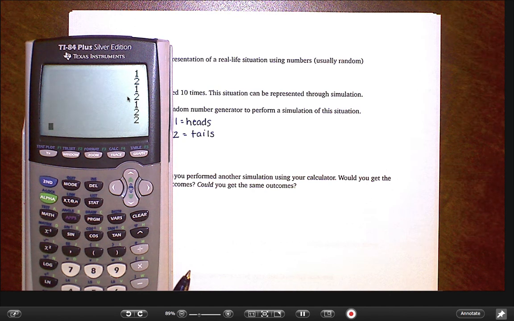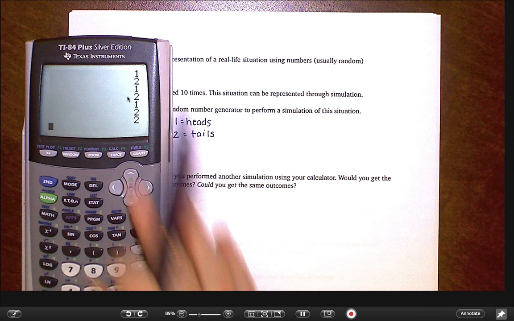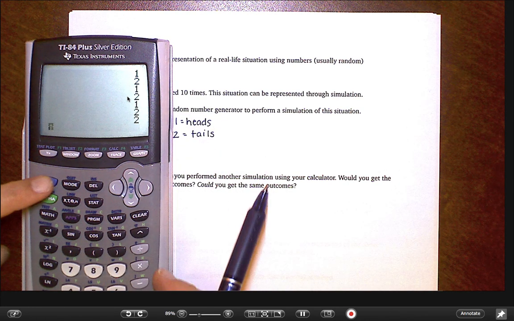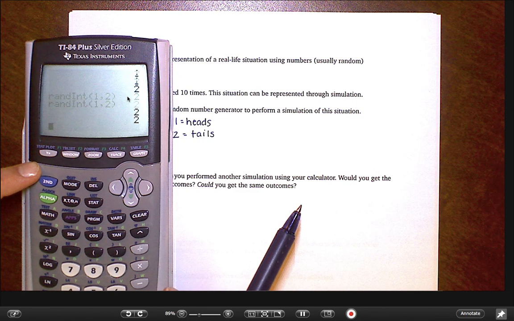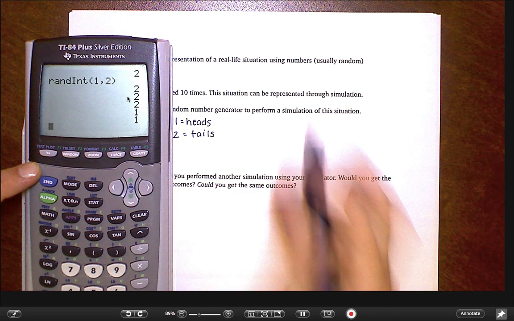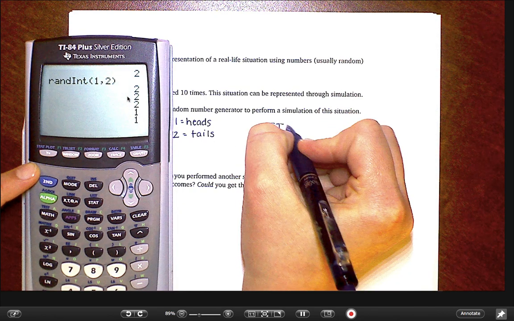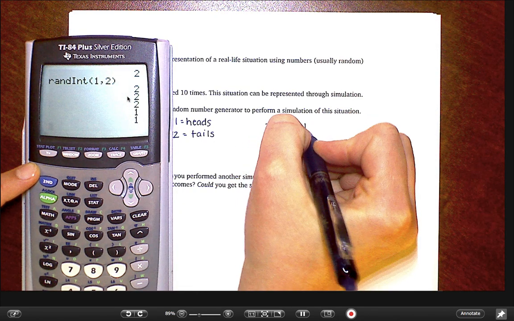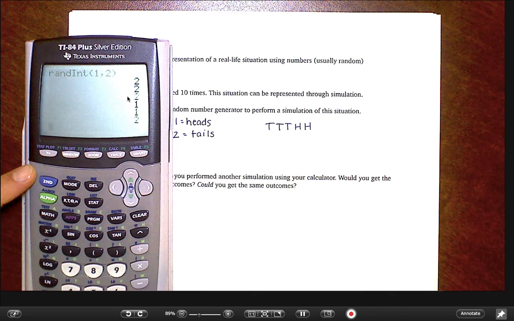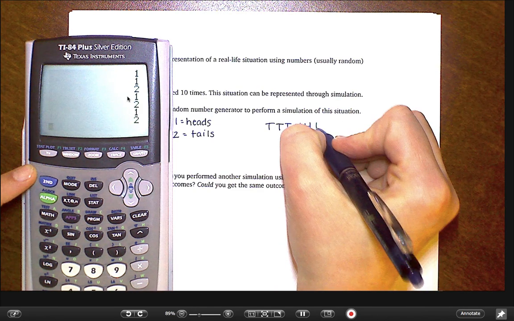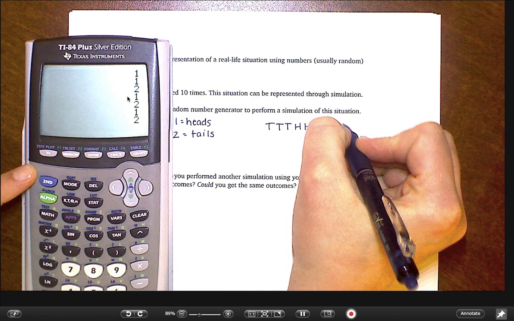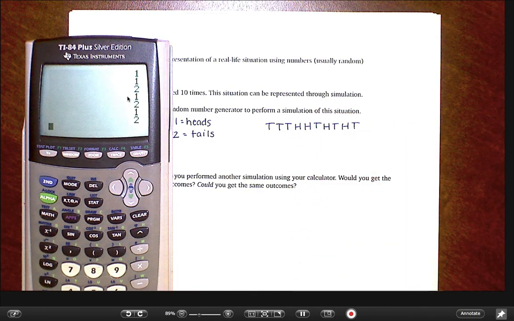So if I hit that 10 times, that represents those 10 coin tosses. And now I lost track of how many I did here. Let me start again. So that would be tails, tails, tails, heads, heads. Tails, heads, tails, heads, tails. Okay? So that is a simulation of me tossing a coin 10 times.